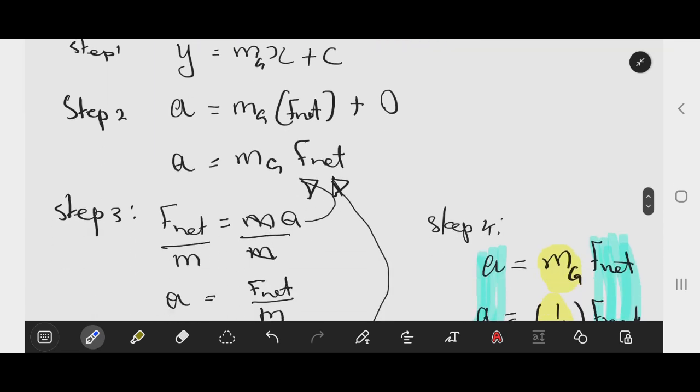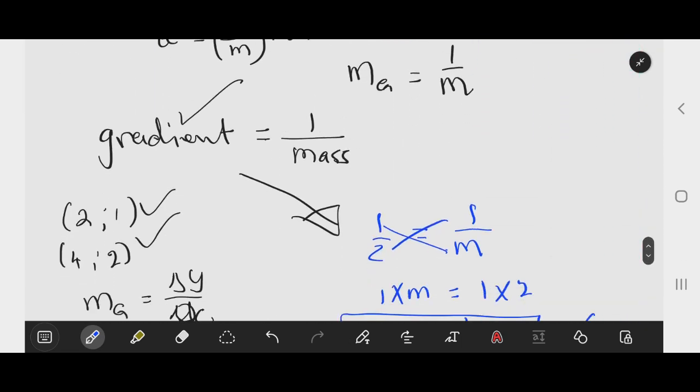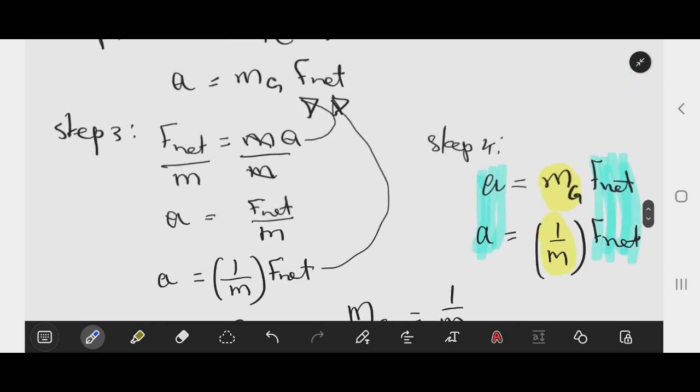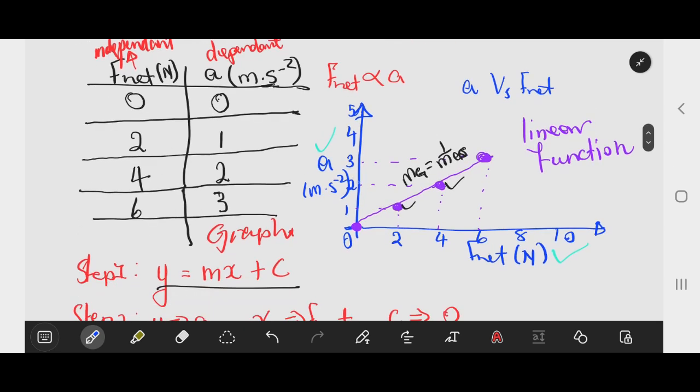Okay, and then our conclusion was that the gradient is equal to the inverse of the mass, or the gradient is equal to 1 over mass. And then we calculate our gradient from the graph, and then after calculating the gradient, we substitute wherever we have our gradient, then we calculate our mass, right? But according to Newton's second law, we can conclude that in this graph, we can see that the acceleration is directly proportional to the net force.